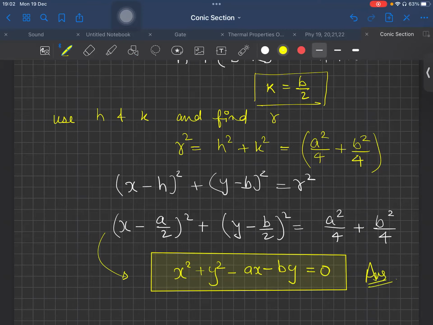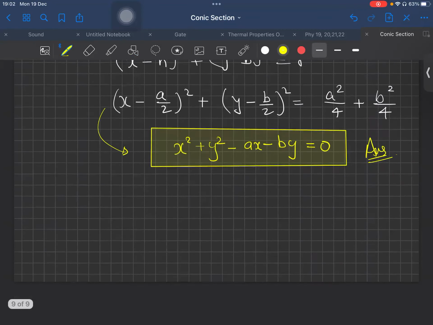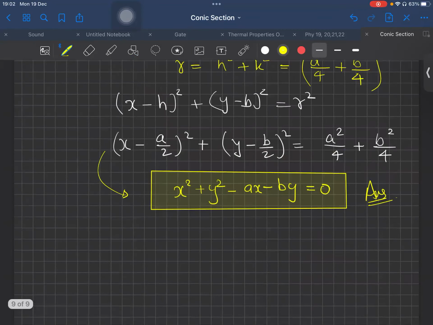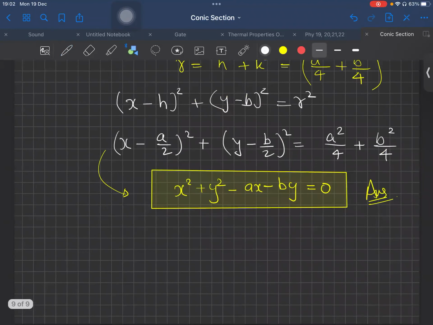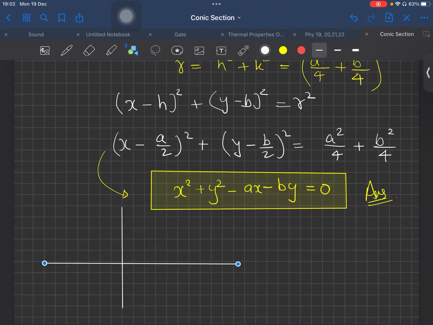The last point I want to tell you here is, what circle is this? See, this is y, this is x. Now there is a circle which is passing through the origin and some points.